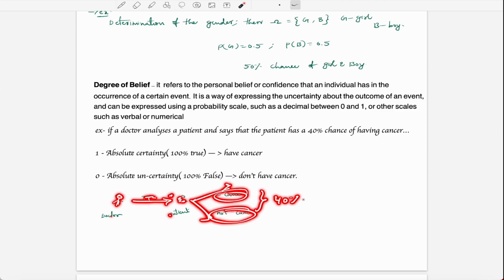If there is a 40% chance of having cancer, it means there is a 60% chance of not having cancer.